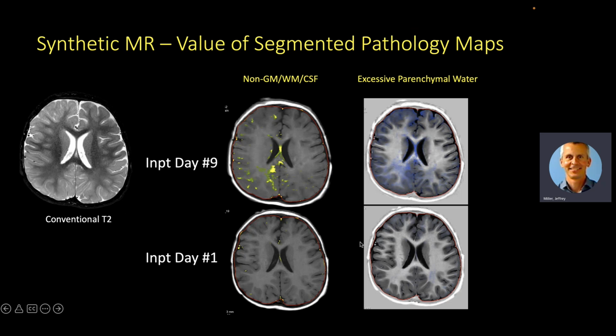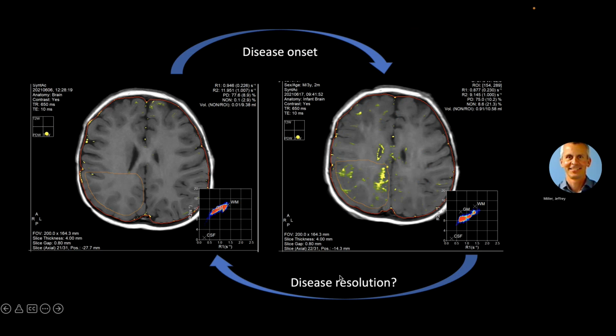And just to confirm, I have the imaging from his admission MRI, which was normal looking. When adding in the before and after tissue plots on this patient, one interesting thing to consider is whether there's a potential role for using them to quantify disease, hopefully resolution or potentially progression.